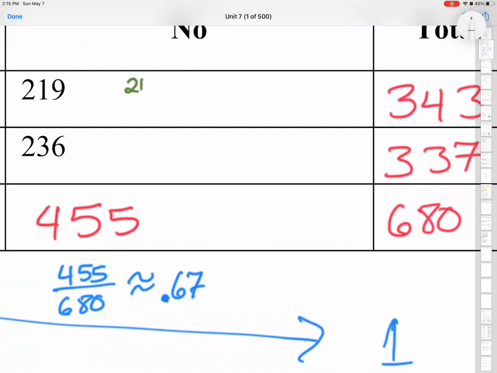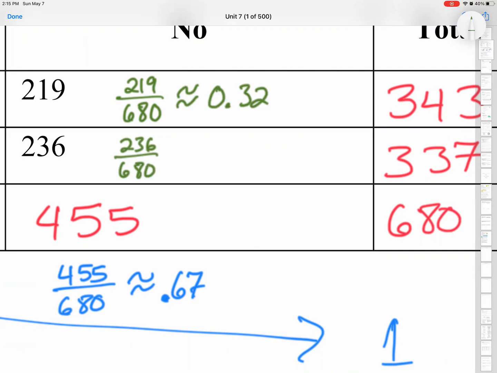So 219. Essentially, guys, you're just dividing each item by the total. So 680. And that's about 0.32. And then 236 over 680.